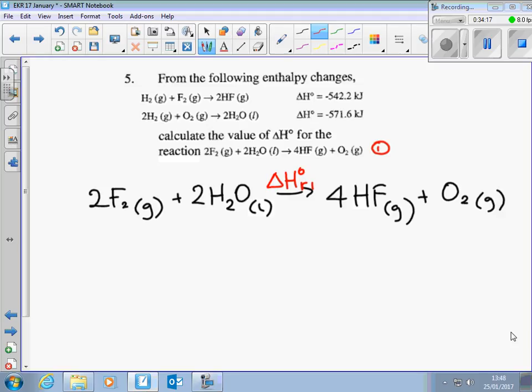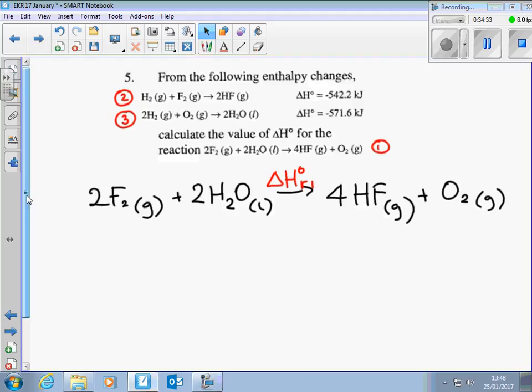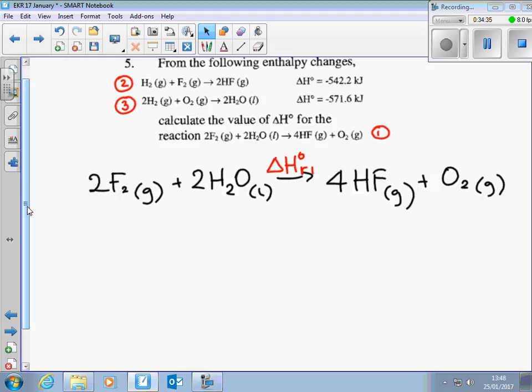Now, the only one of these 2 equations that produces hydrogen fluoride is number 2. So we know that we're going to produce hydrogen fluoride down here.